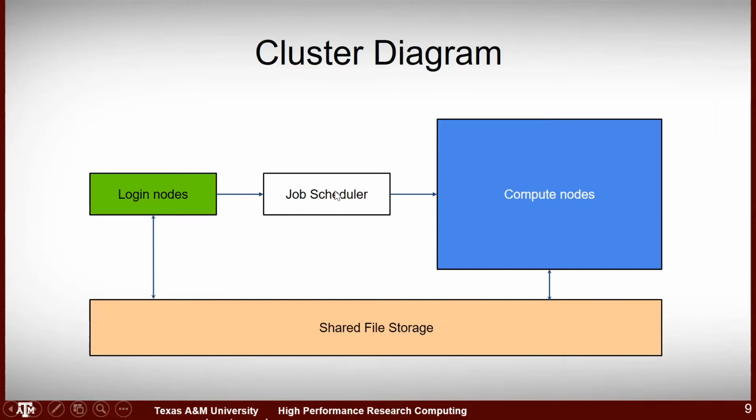Eventually, the scheduler finds a compute node for you, passes your instructions on to that compute node, which does the work. You're long gone by that point. That's how we make sure that everyone is sharing the compute nodes, not crashing into each other, and has a fair chance to get a compute node: we use a scheduler. So you normally can't get on a compute node directly. You normally have to use a scheduler to get to the compute node.